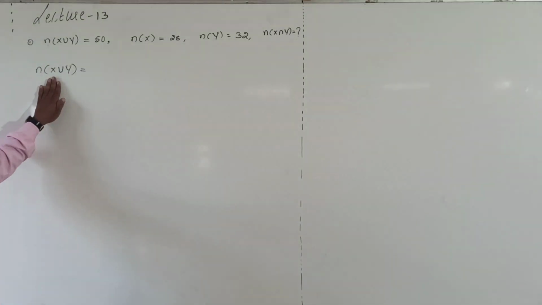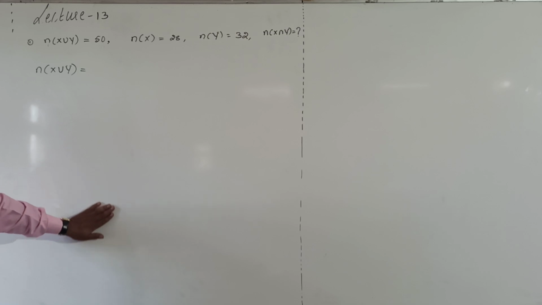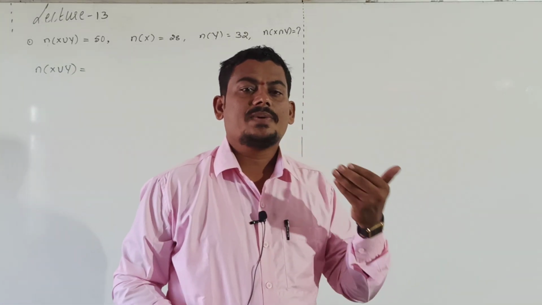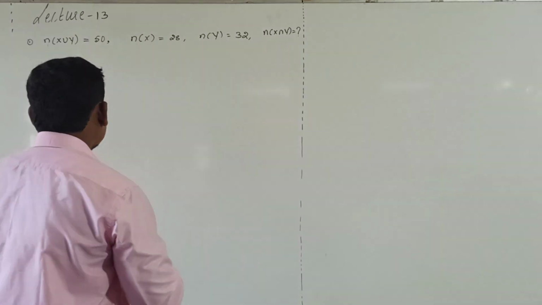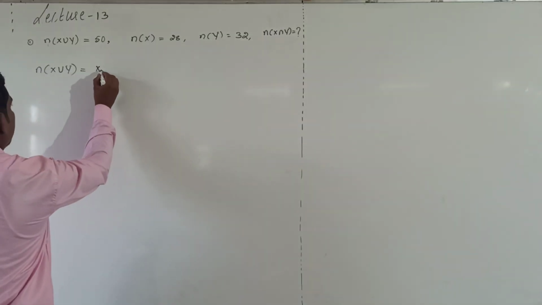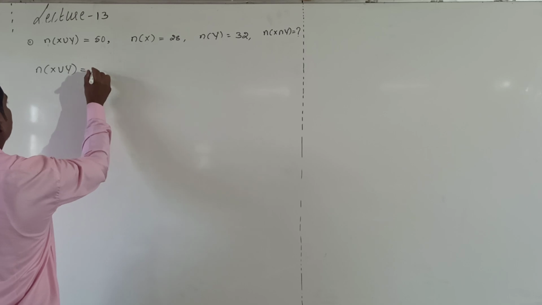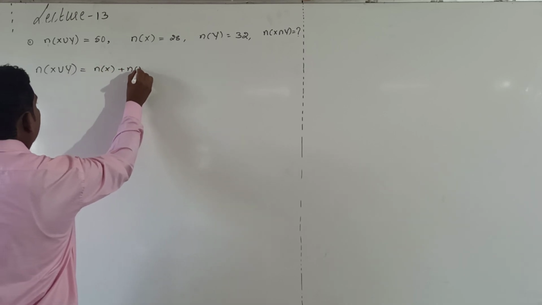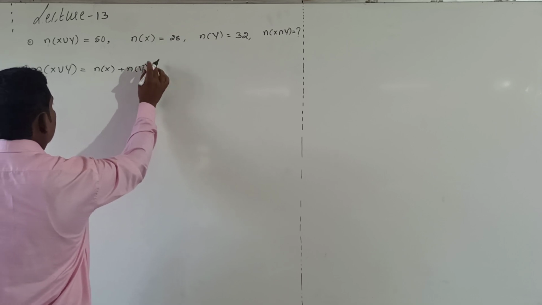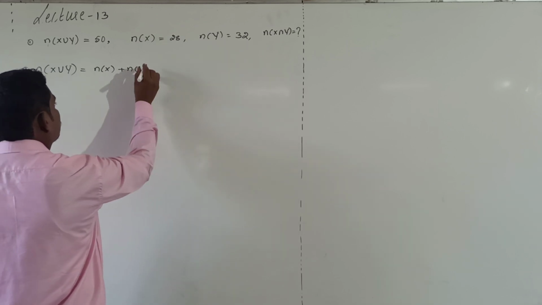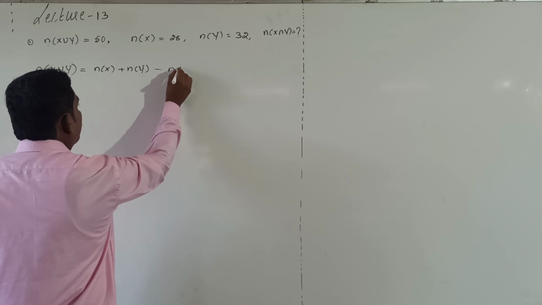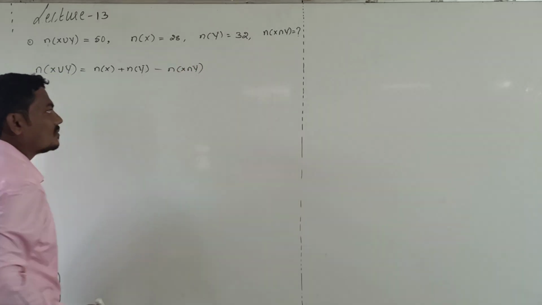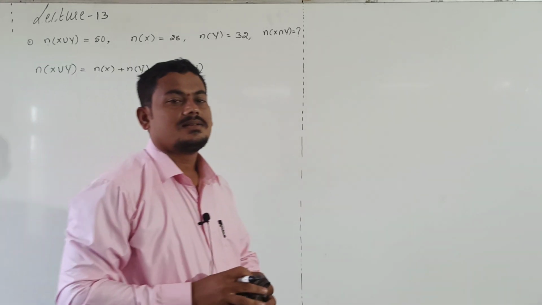Number of elements in X union Y is equal to the number of elements in X plus the number of elements in Y minus the number of elements in X intersection Y. This is the formula.